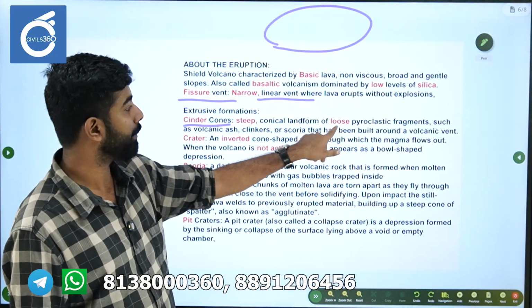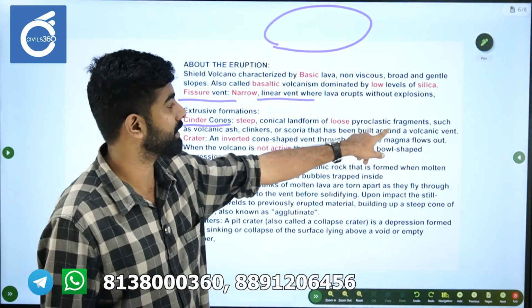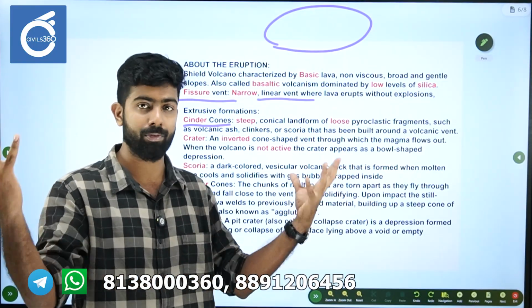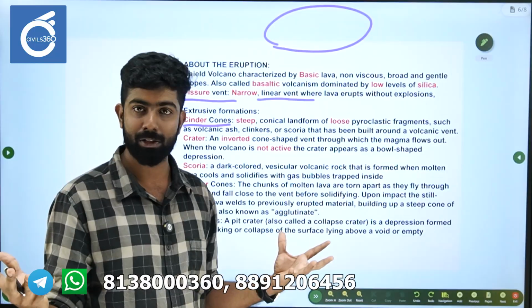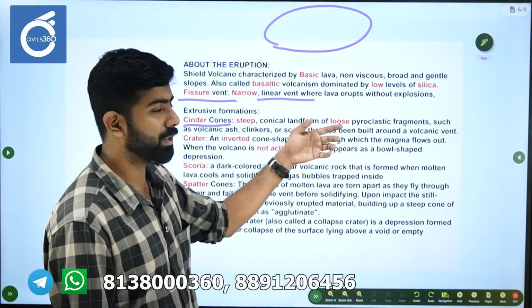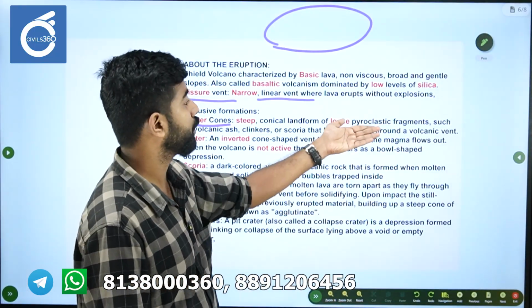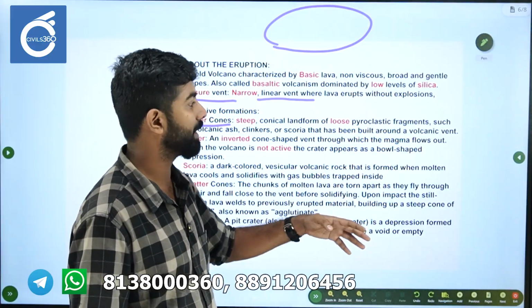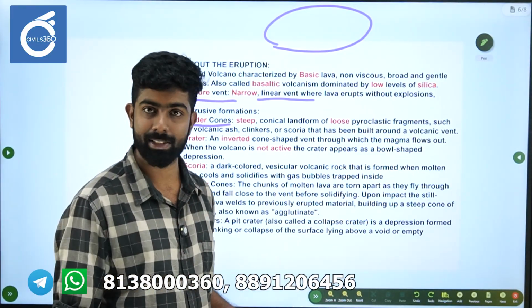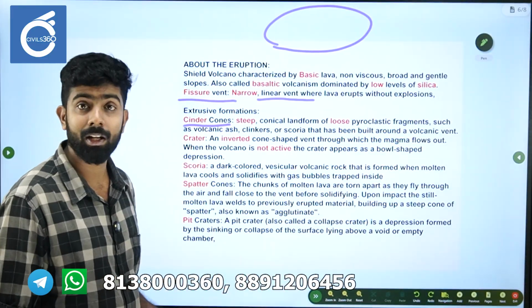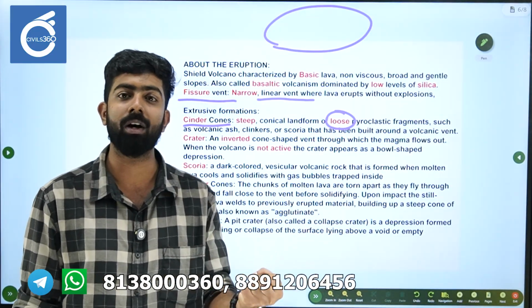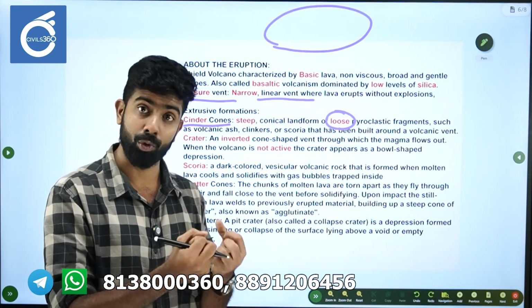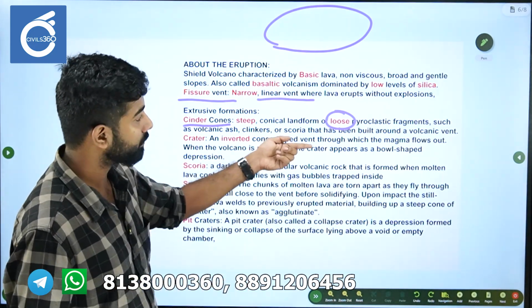Cinder cones are made of loose pyroclastic fragments. Pyroclastic fragments refers to all the ash, cinder and all those things that come out of a volcano, a general name for those things. So loose pyroclastic fragments that build on top of each other are known as a cinder cone. Remember, loose, so it does not have that much strength. It is composed of loose material.